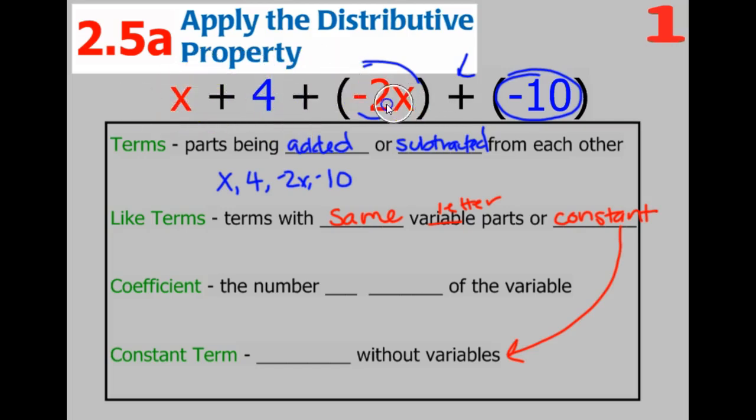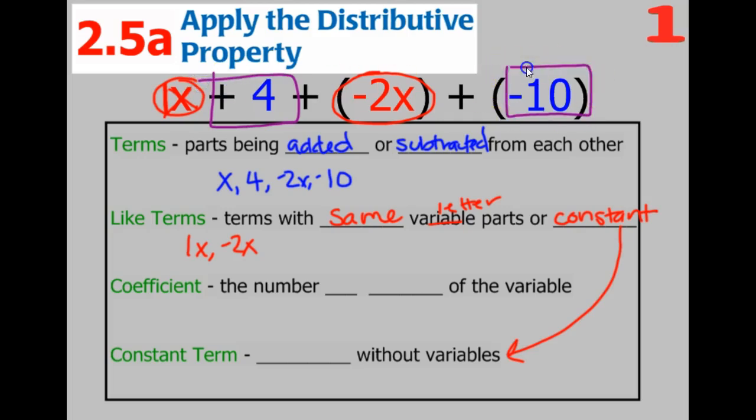Our like terms are terms that we could add together that have the same variable. So if we look here, this has the variable or the letter x, and this also has the letter x. So we could combine those two together. But this is really a 1x, so I'm going to put a 1 there. We could combine the 1x with the negative 2x. If we were adding things up, we could also add up this 4 with this negative 10 because they don't have any letters with them.